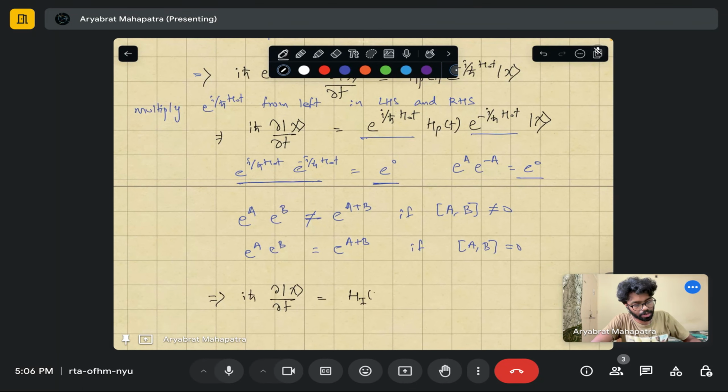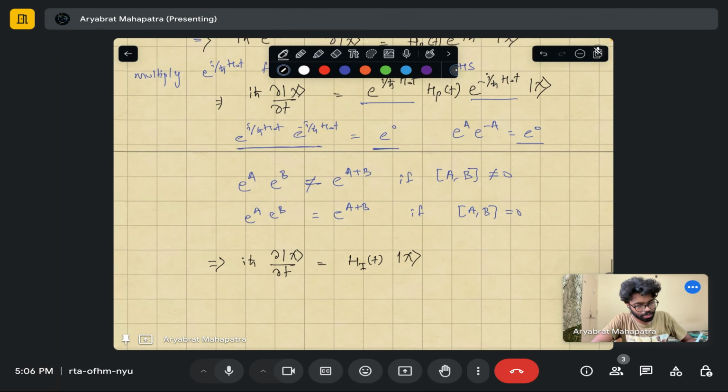This is the interacting Hamiltonian which I was talking about, H_I(t), the interacting Hamiltonian.